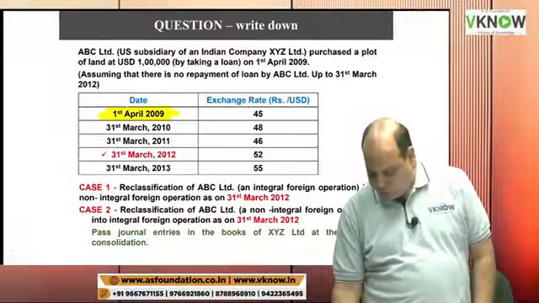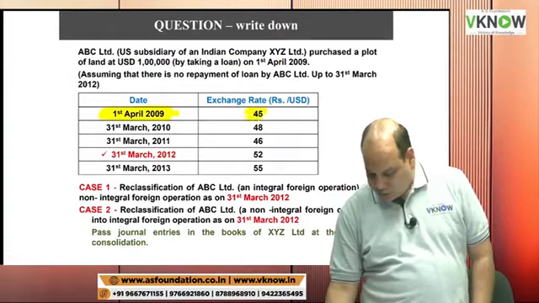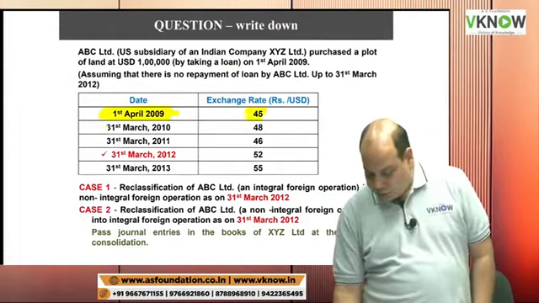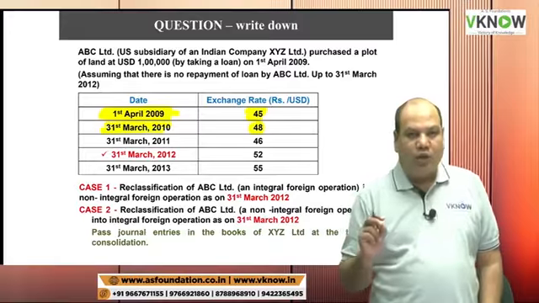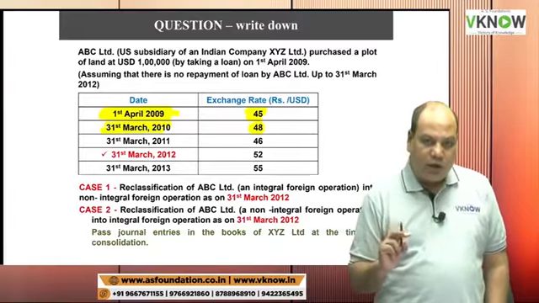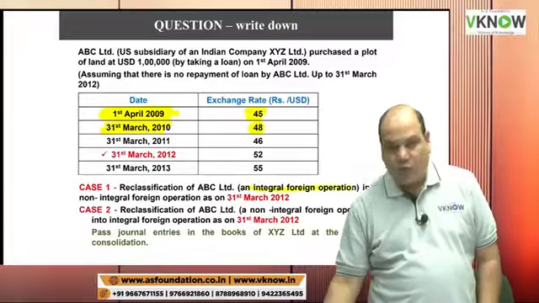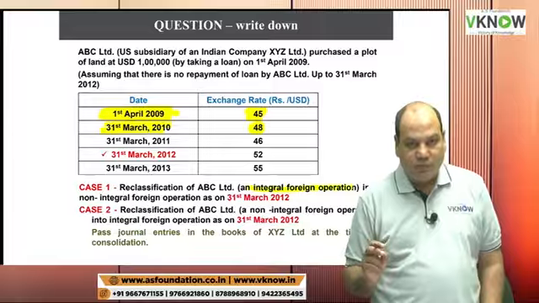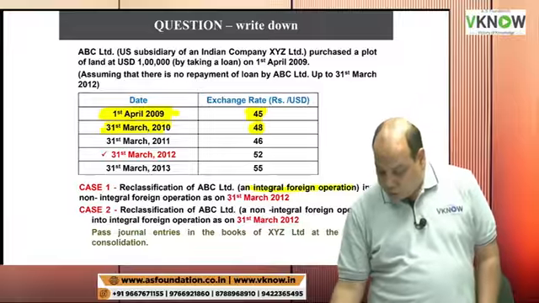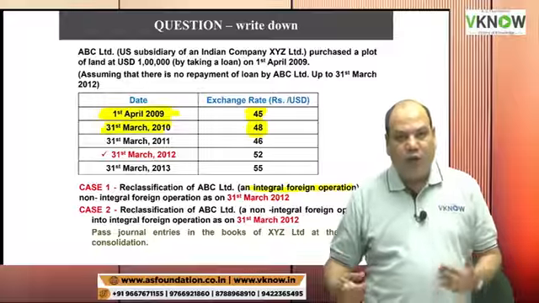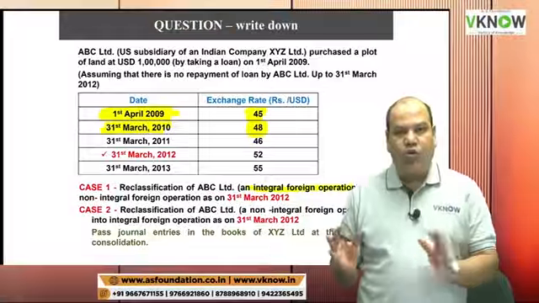On 1st April, we will purchase a land using borrowed money. Then on 31st March, I am not going to revalue the land. Land I will keep as it is because right now we are following integral foreign operation principle. But the loan is a monetary item and it needs to be revalued at closing rate.